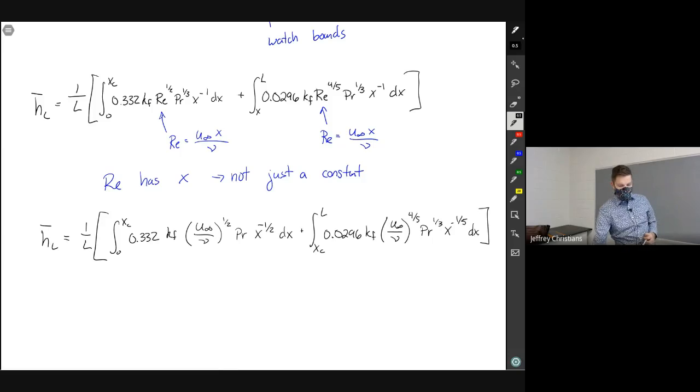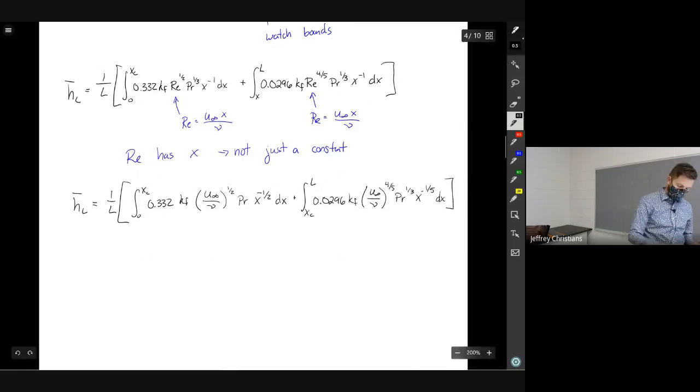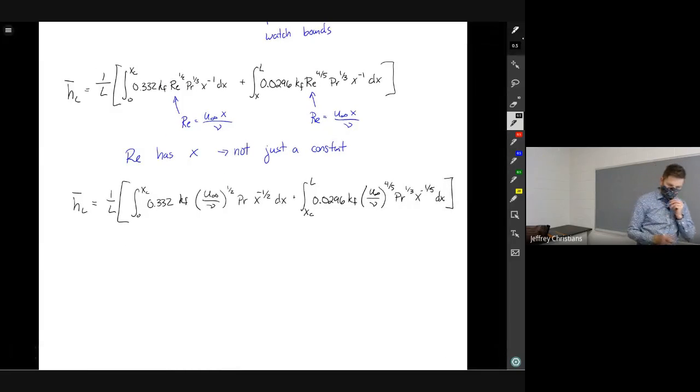So when we do that integration, we can pull out a lot of the stuff.